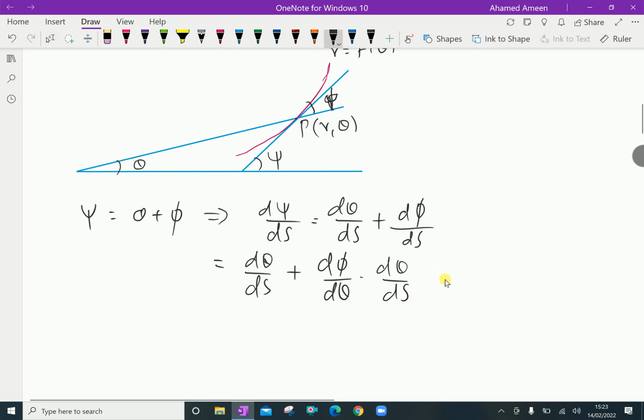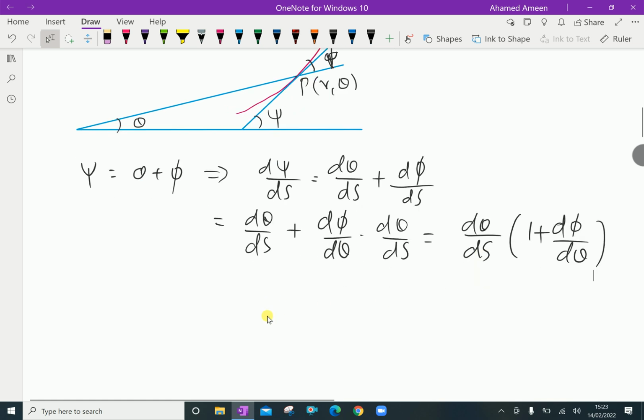Now further, taking out the common factor d theta by ds, it is equal to d theta by ds into 1 plus d phi by d theta.